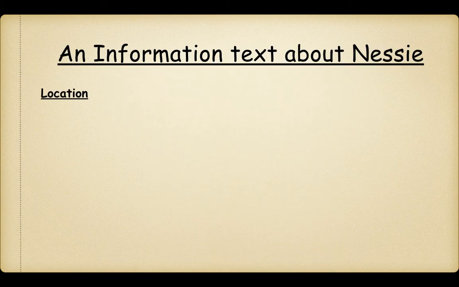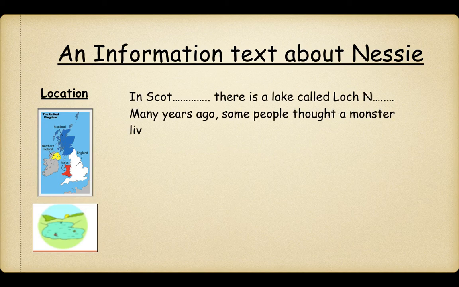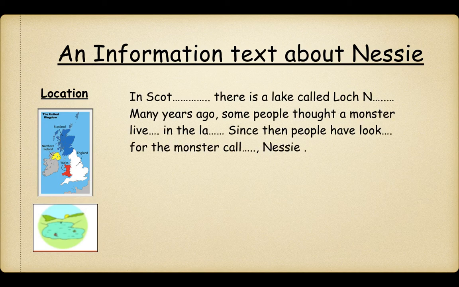Right, our information text about Nessie. So yesterday we started this, and this information is about the location. So where did it take place? In Scotland. There is a lake called Loch Ness.